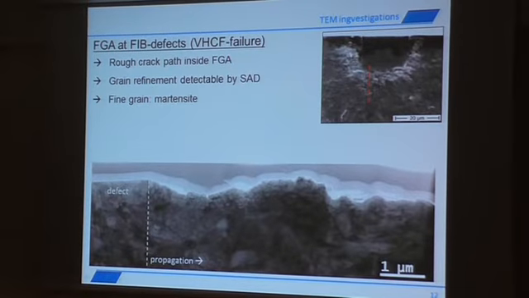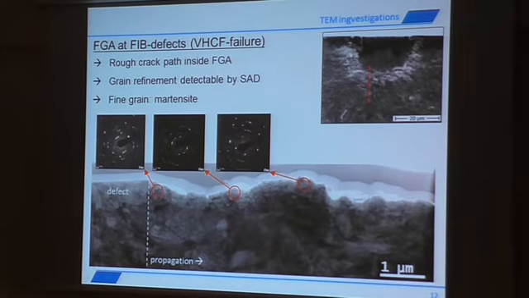But if we now take a look at an FGA, a focused ion beam defect, here is also the defect and the propagation to the right. We see that the fracture surface is much rougher. And if we perform selected area diffraction along the fracture surface, you see the ring-like structures and there's clear grain refinement, just like for failure at inclusions.